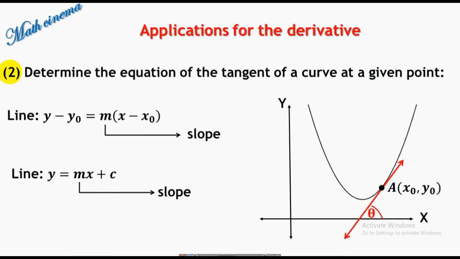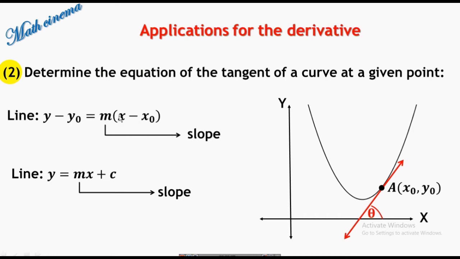The tangent is a line and the equation of the line has two forms. The first form is y minus y node equals m times x minus x node, where m is the slope of the line. This form is very easy because the slope equals tan theta.